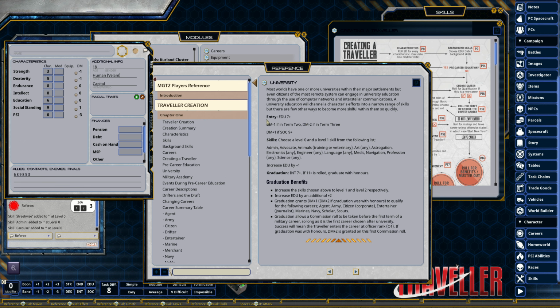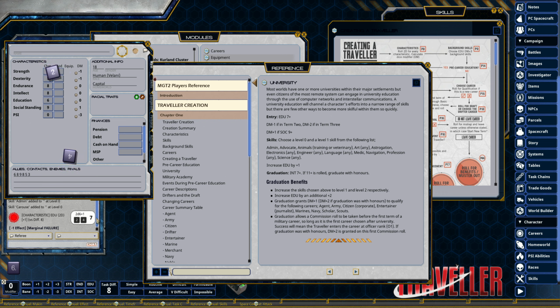So this is my 1st term, so I don't have to worry about those modifiers. I've got a DM dice modifier +1 if social is 9+. So I do have a 9+, so I've got a +1 from that. And I will go ahead and make an education check and see if I can get in. I need a 7 or higher total.